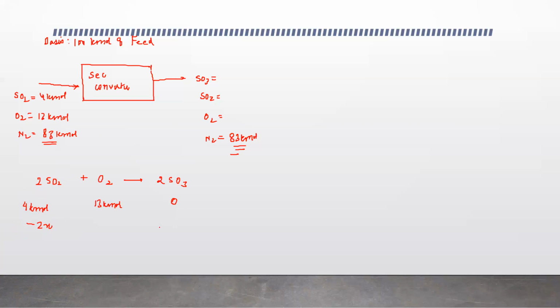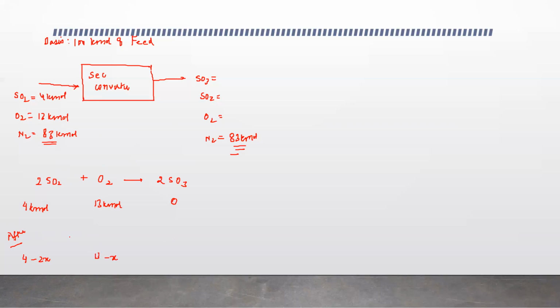Let's write it here. This was the initial condition at the input. Now, after the reaction, since 2x kilomoles of SO2 have reacted, you have 4 minus 2x. When 2x kilomoles of SO2 react, naturally half of them, that is x kilomoles of oxygen, would react, so oxygen left would be 13 minus x.